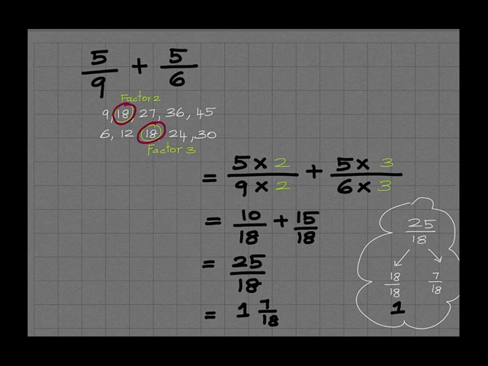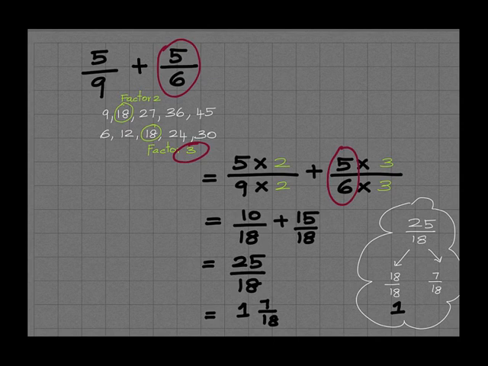Okay, so 18 has a factor 2 and 6 has a factor 3. If you see, 18 is in the second position in the 9 multiples, and 18 is in the third position when we see the multiples of 6. Okay, so I'm writing the same fraction 5/9. I'm multiplying the numerator and denominator with the factor 2. Plus, I've written the same plus sign. Plus, now I'm writing the fraction 5/6, and I'm multiplying the numerator and denominator by the factor 3.